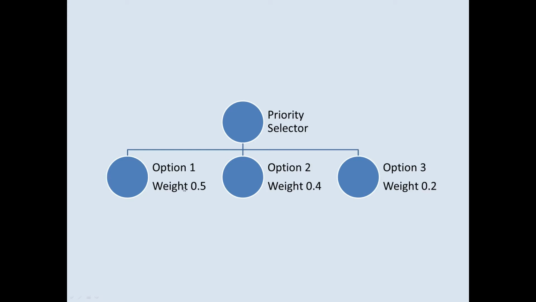So if this one was returning weight 5, that one weight 4, then weight 2, it would choose this one to execute. And similarly, if this one returned weight 6, it would choose that one to execute. So this idea of priority selection is common in normal behavior trees. But priority selection isn't the only way of doing these things.